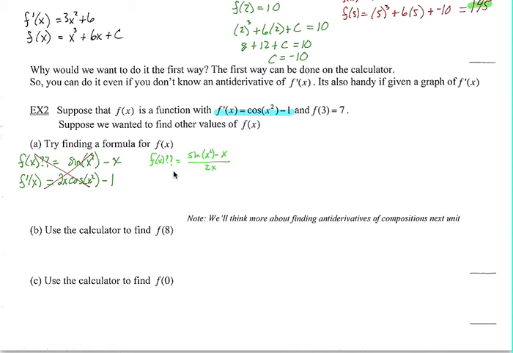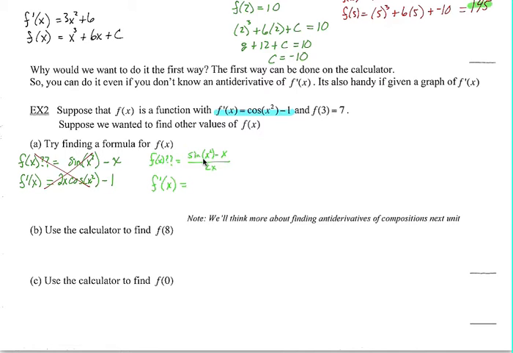And then to check it, we would take the derivative of that. If that really was our parent function, when we take the derivative we end up needing to do, oh boy, the quotient rule: the derivative of the first times the second minus the derivative of the second times the first.